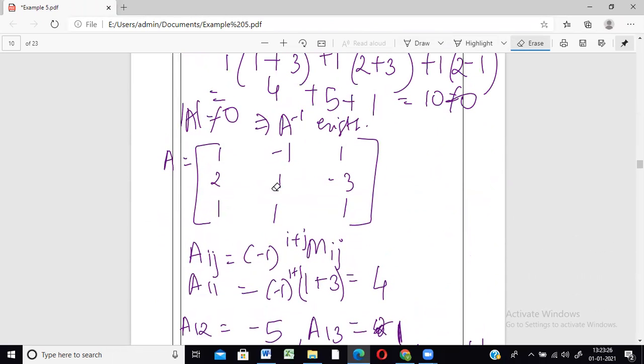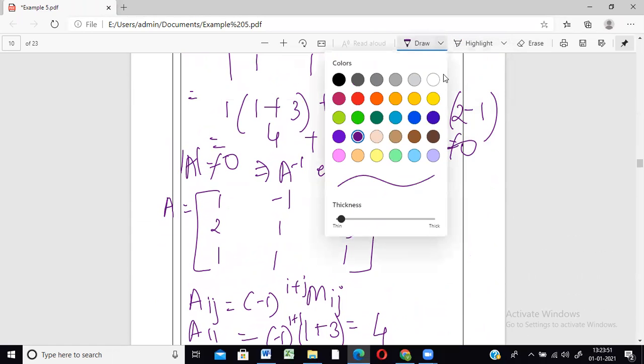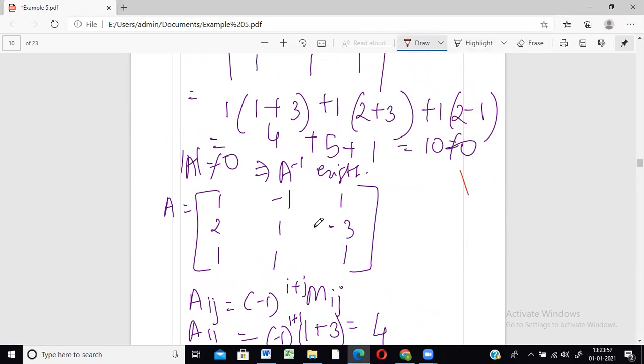A23. This is the element, right? Second row and third column. This is the element. So after ignoring this one and this one, whatever we get becomes 1 1 minus 1 and 1, right?